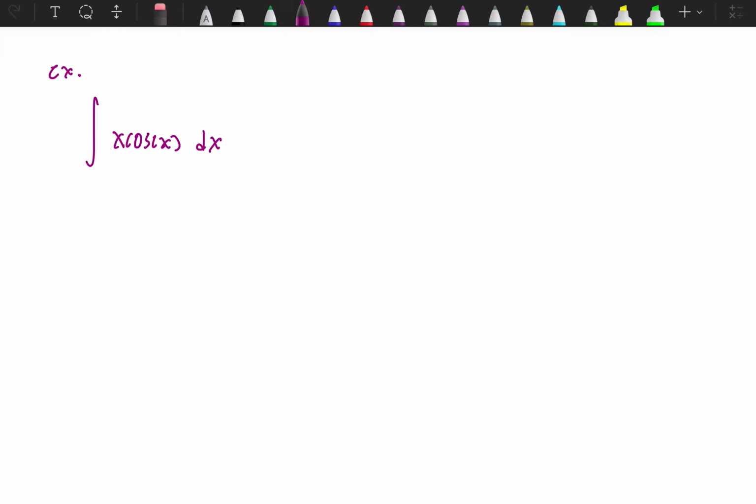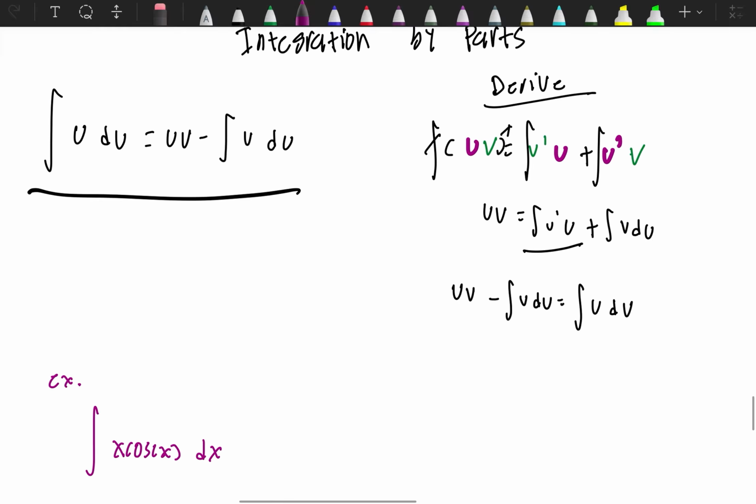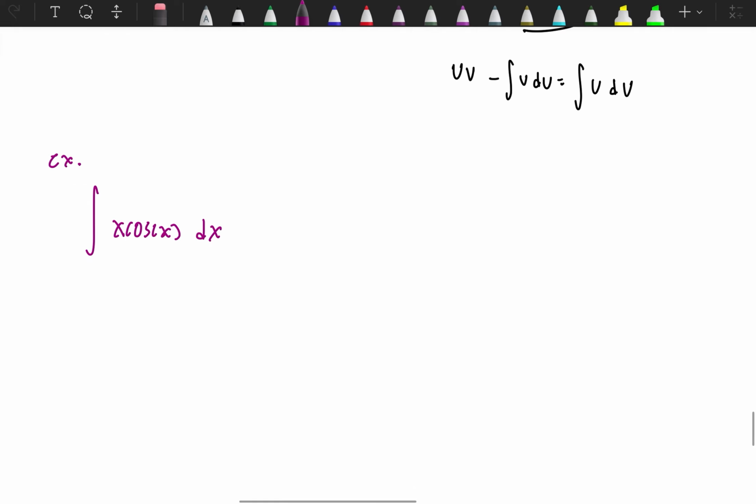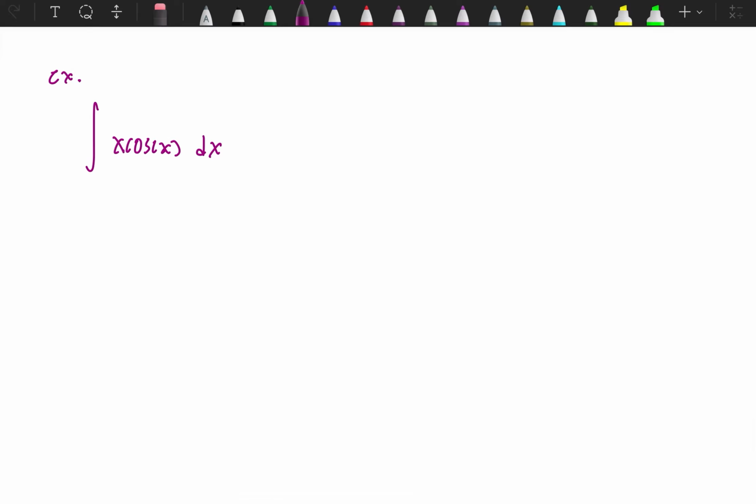Since you have uv minus v du, you want to make something your u and you want to make something your dv. And when you have dv, you're going to integrate to get v. For this one, we're going to use u is equal to x. Pretty simple, right? And then du is equal to 1.